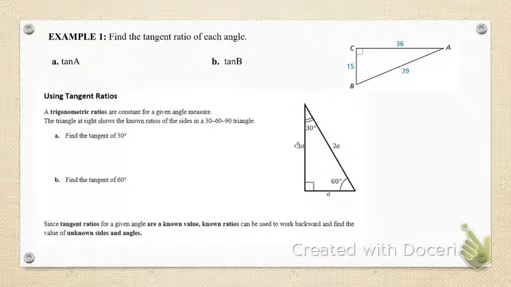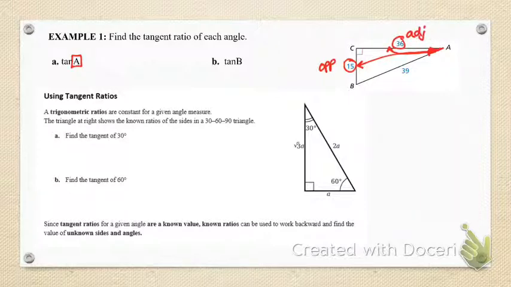So let's find the tangent ratio of each angle in this first example. So start with the angle they give us. We're going to look at what is the tangent of angle A. So I go over to my picture. Here's angle A. Remember that the tangent is the ratio of the opposite side, so there's the opposite side, to the adjacent side.